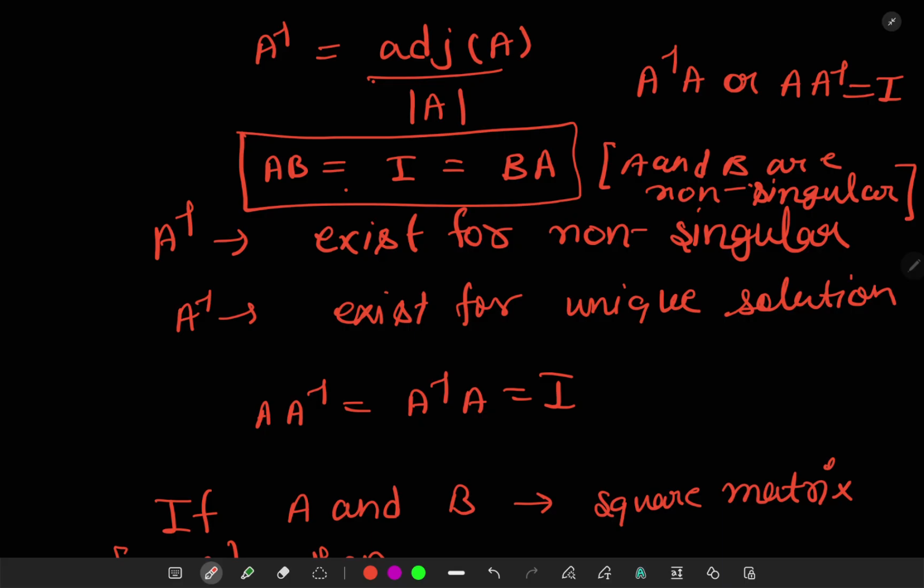This is an important property of inverse matrix.